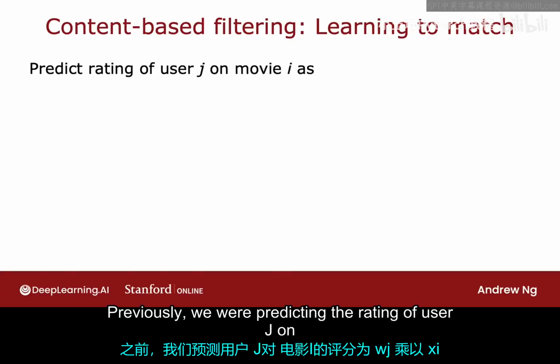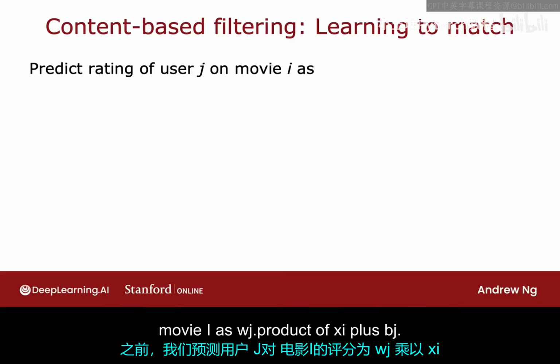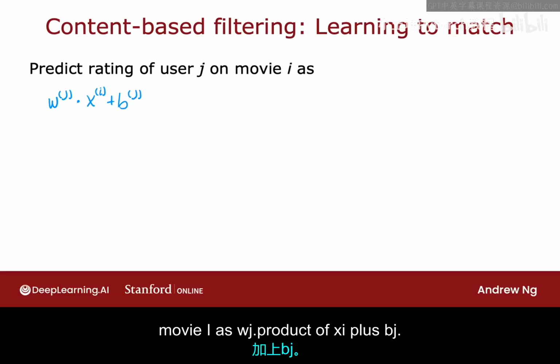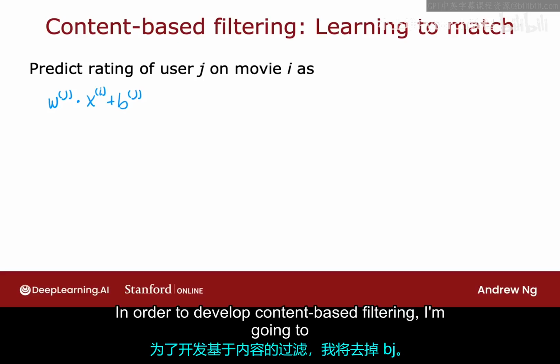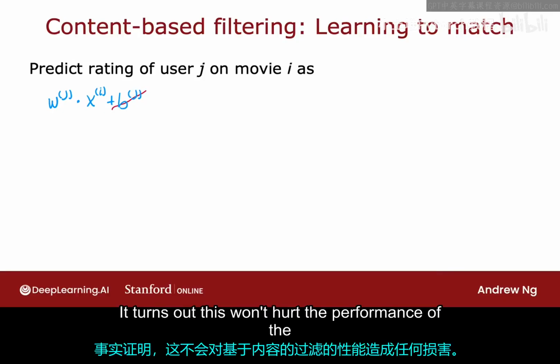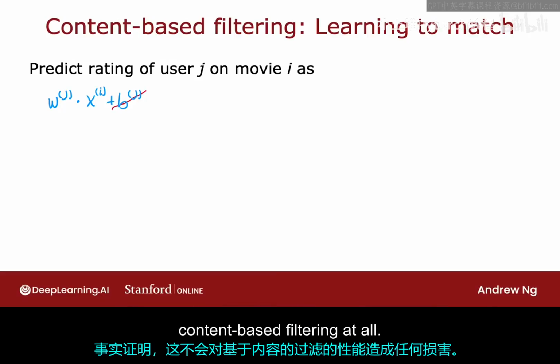Previously, we were predicting the rating of user J on movie I as Wj dot product with Xi plus Bj. In order to develop content-based filtering, I'm going to get rid of Bj. It turns out this won't hurt the performance of the content-based filtering at all.